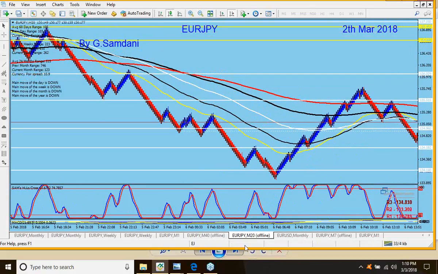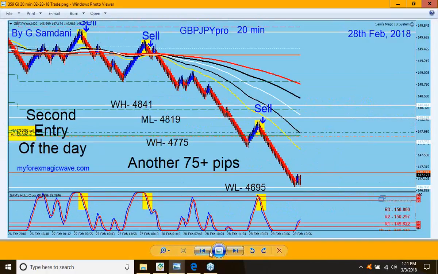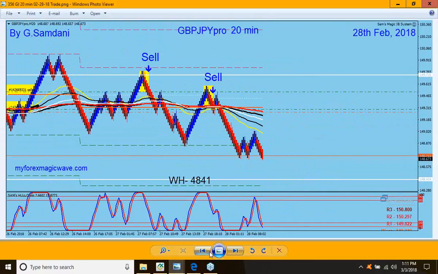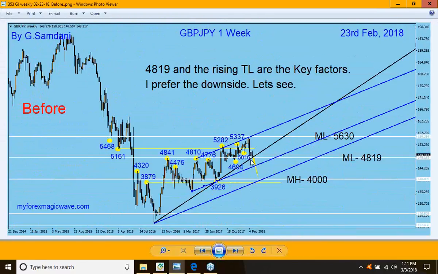Now, for example, this is the old one, the pattern started very old, right? But how about if I go to GJ? I gave you this chart on the 23rd, with this rising TL and 48, right? I just explained to you the harmonic patterns, Elliott wave, this, that.